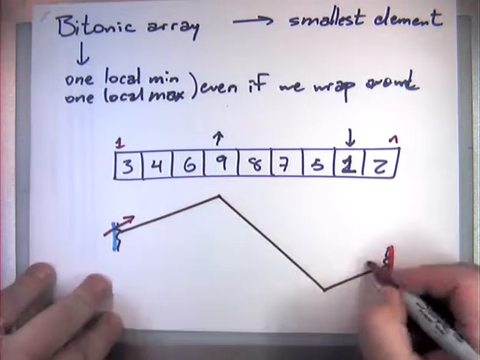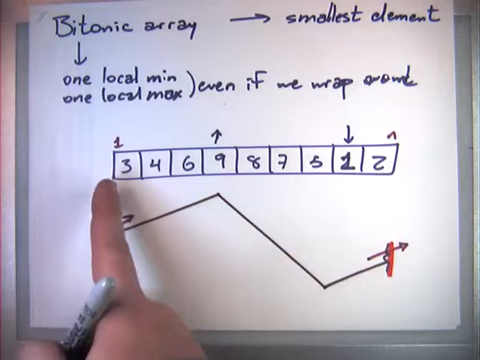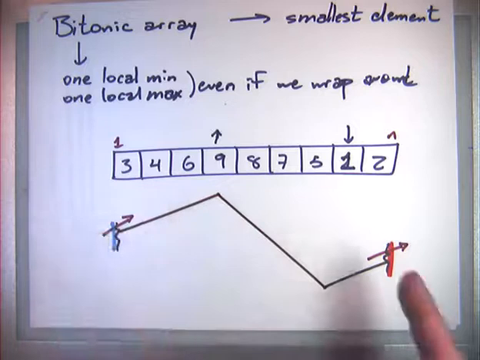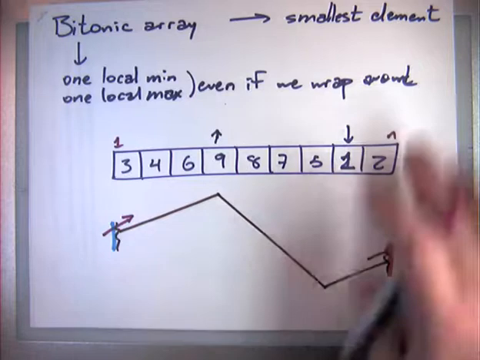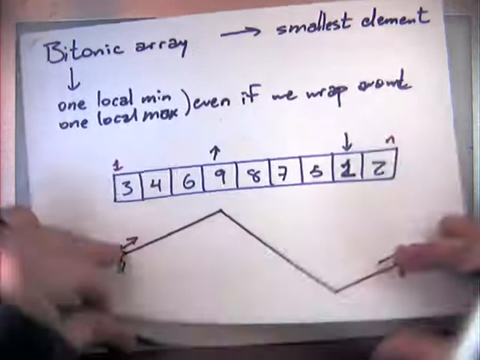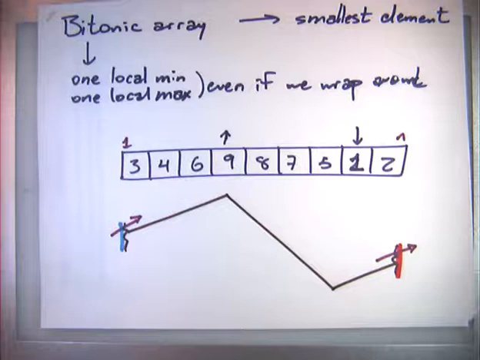In this case, I'll notice that the last element of the array is smaller than the first, which means that the shape of the array is going to look something like what I've drawn in this picture, as opposed to looking like the reflection. This is just to remove a source of symmetry. I'm going to compare 1 and n, and now, without loss of generality, assume that a1 is bigger than an, because the other case will be symmetric. You'll just have a copy of the code, and you'll change some signs.